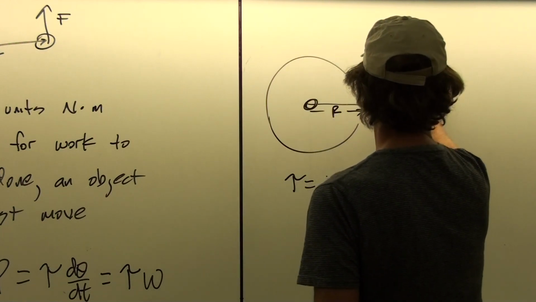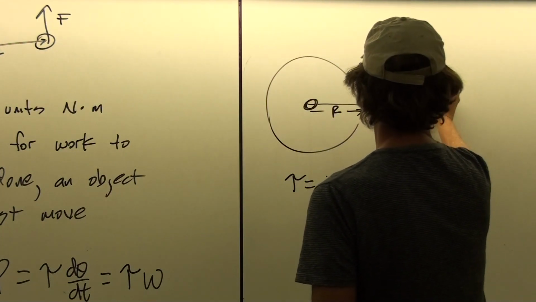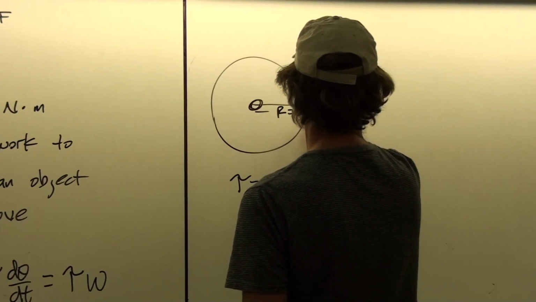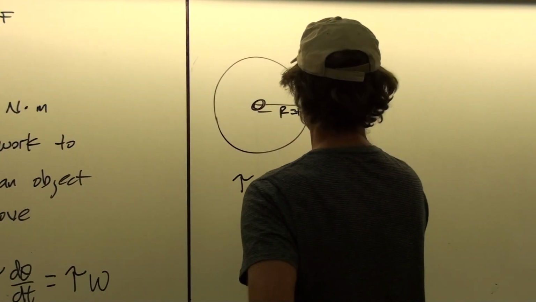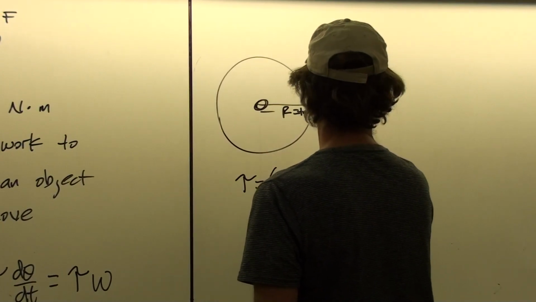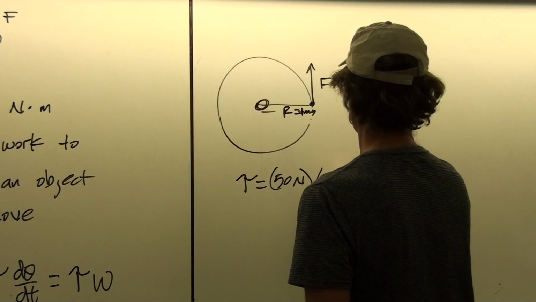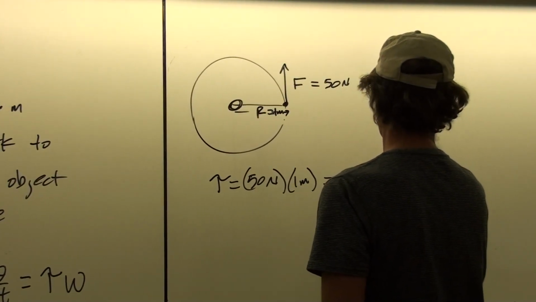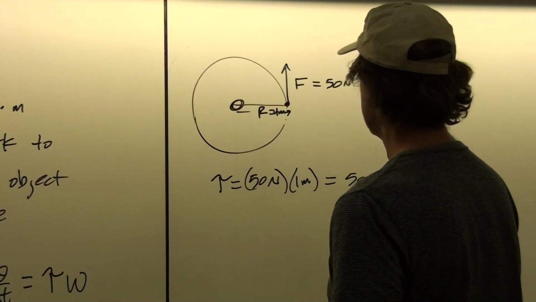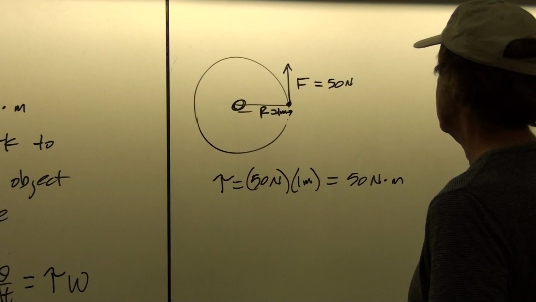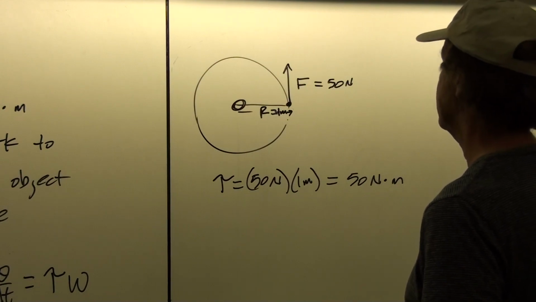Let's say that F here is 50 newtons and R is 1 meter. Then the torque would be equal to 50 newtons times 1 meter, or 50 newton meters. Now remember, we don't make the mistake here of calling this a joule just because it has the units of newton meter, because we haven't done work yet.